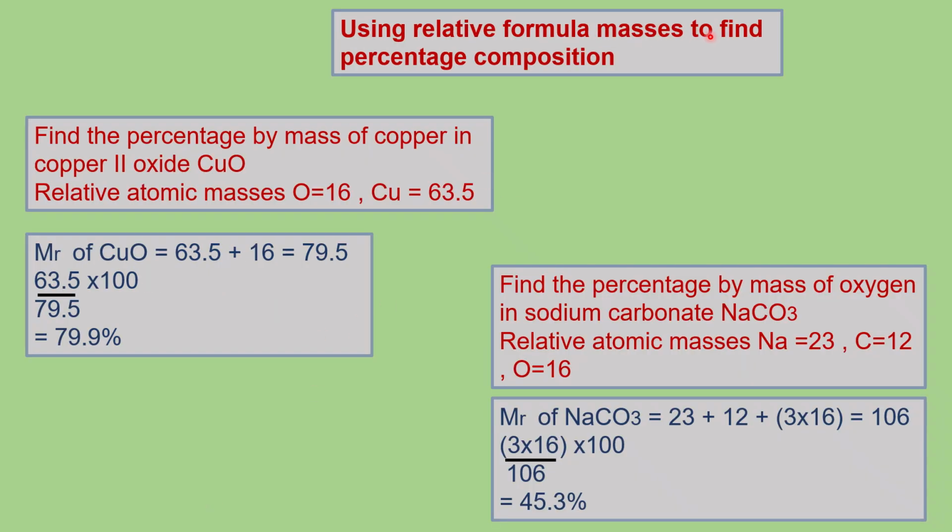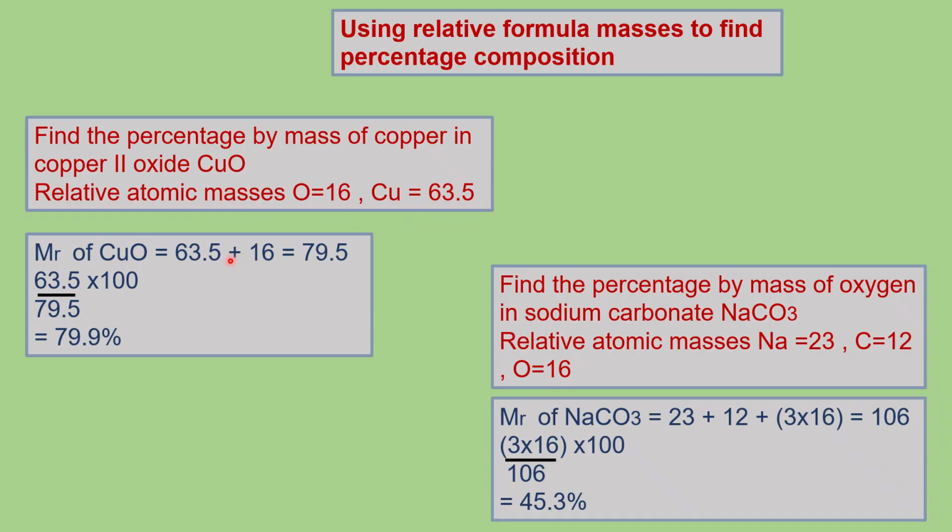Using the relative formula masses to find the percentage composition. Let's take this problem. Find the percentage by mass of copper in copper 2 oxide, CuO. Now, the relative atomic masses of oxygen is 16 and copper is 63.5.